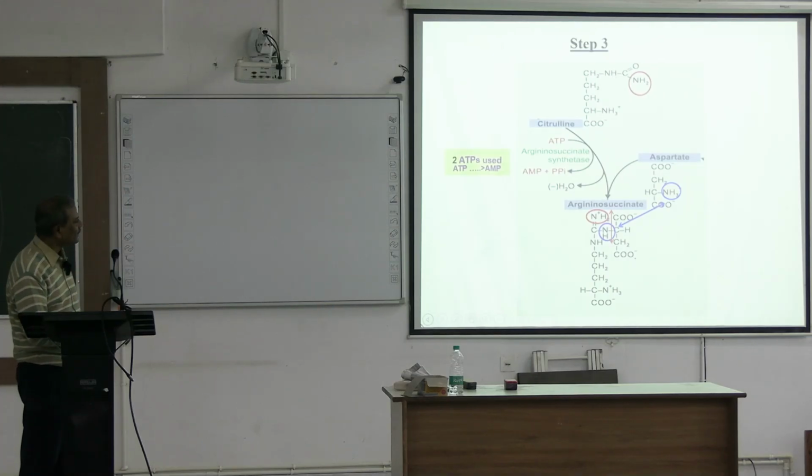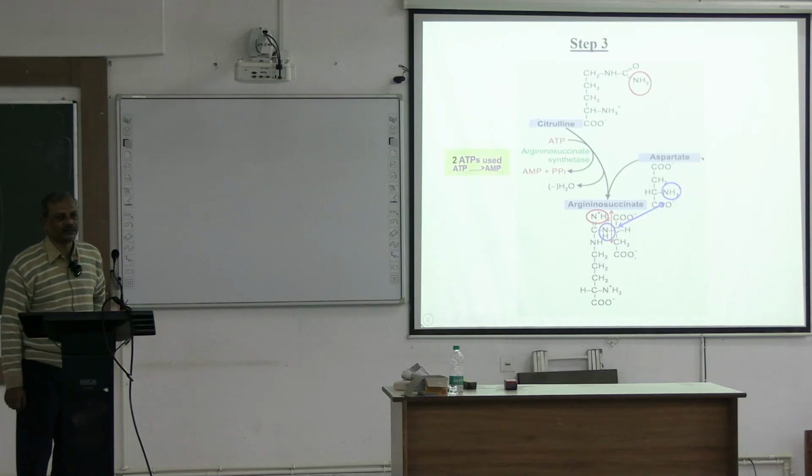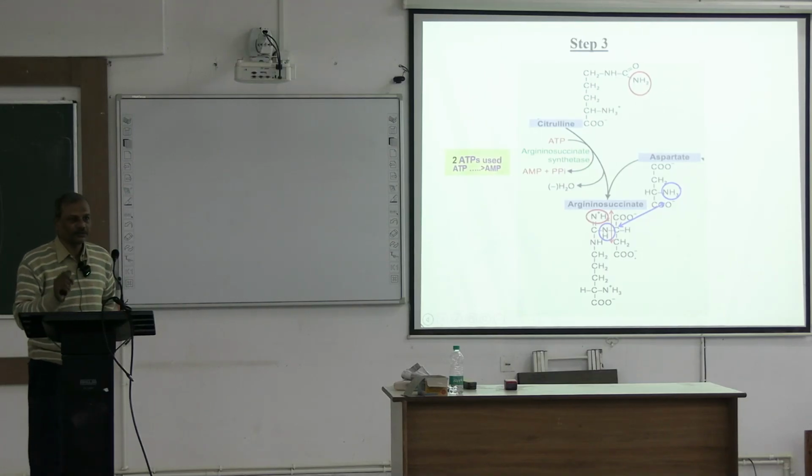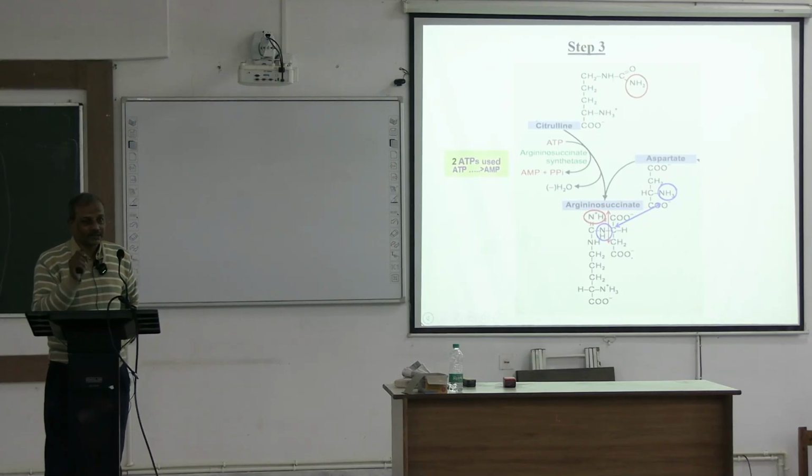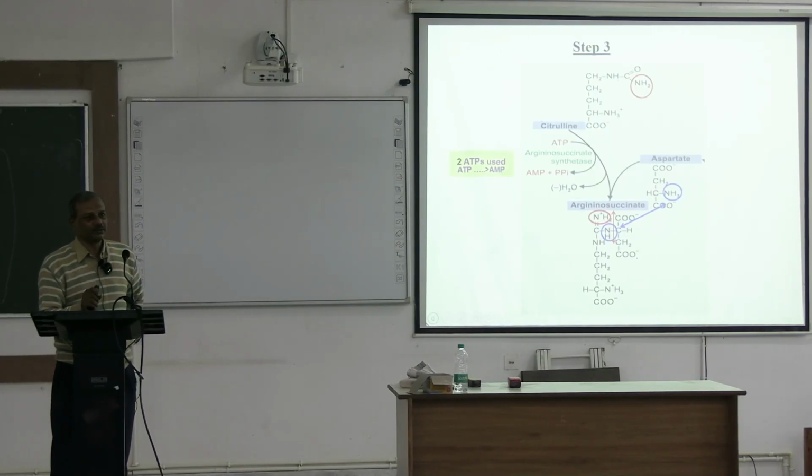Now, in this part you see the aspartic acid, which has an amino group. This amino group is now coming into the argininosuccinate. So, one nitrogen is contributed by the ammonia, and the second nitrogen is contributed by aspartic acid.